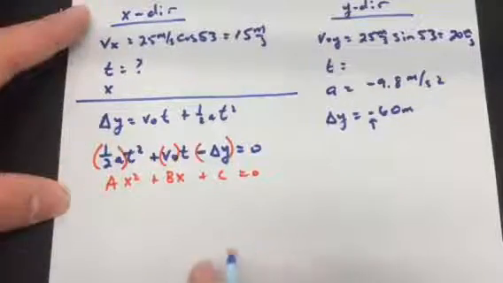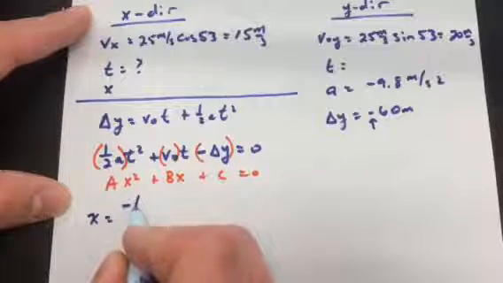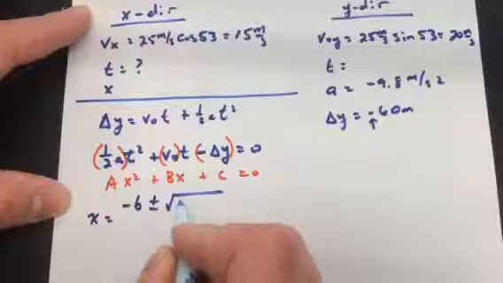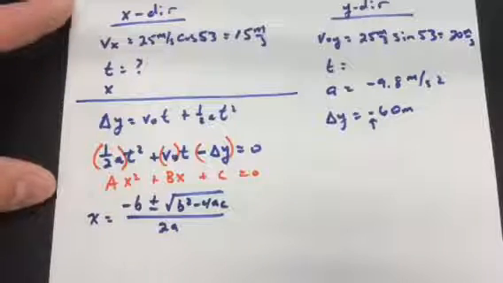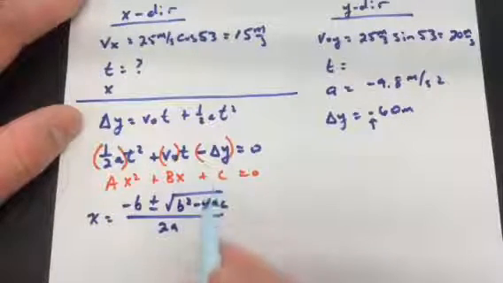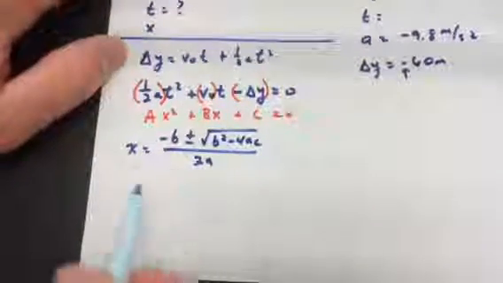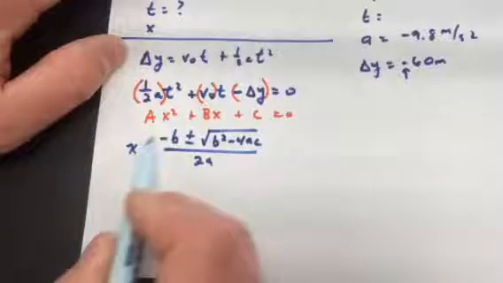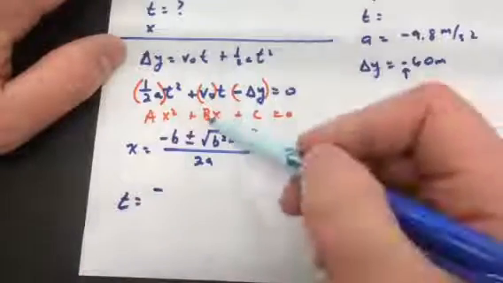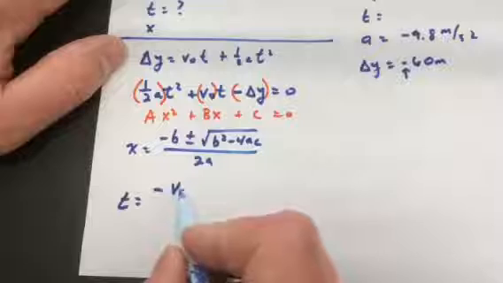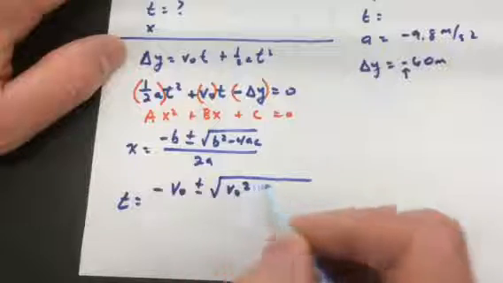So if we use our quadratic formula, x is equal to negative b plus or minus the square root of b squared minus 4ac all over 2 times a, and that's generic form. That should be matching up with this. And we make it specific for what we have. Generic form is x, specific form is t. So t is going to equal negative b. What is our b? Our b is v naught. Plus or minus the square root, b is still v naught, v naught squared.